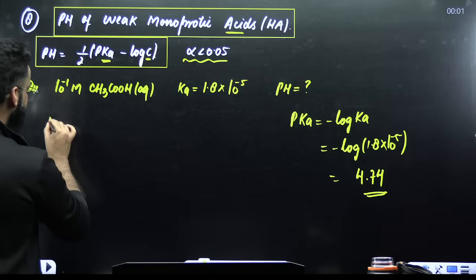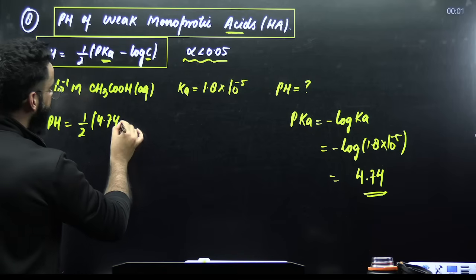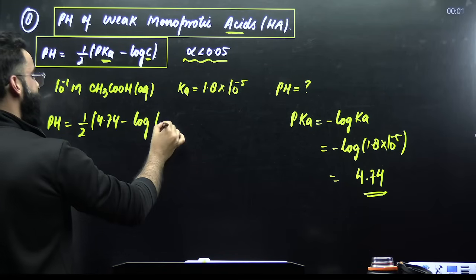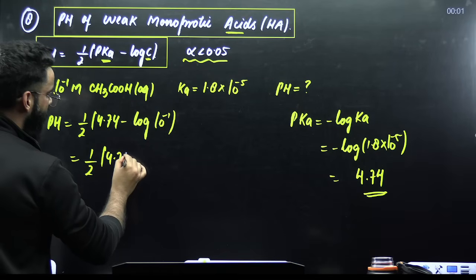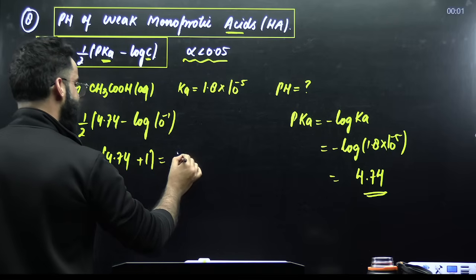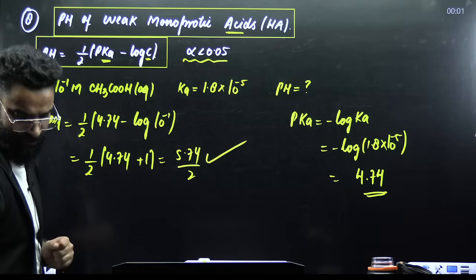Now calculate pH. pH will be equal to half of pKa, which is 4.74, minus log of C. C is the concentration of acid, given as 10 raised to the power minus 1. So as a matter of calculation, this will be half of 4.74, and log of m raised to the power n is n log m, so this becomes 1. So it is 5.74 divided by 2. This is the pH of the solution which you were supposed to calculate.